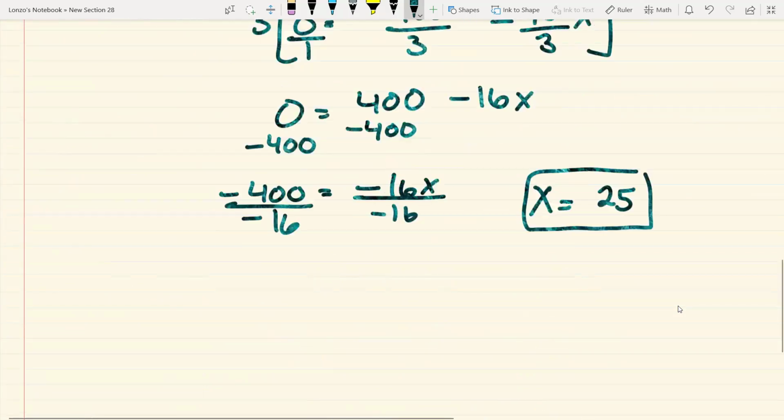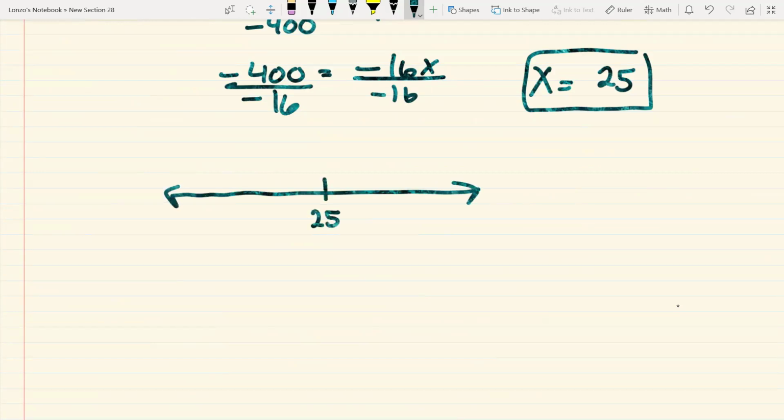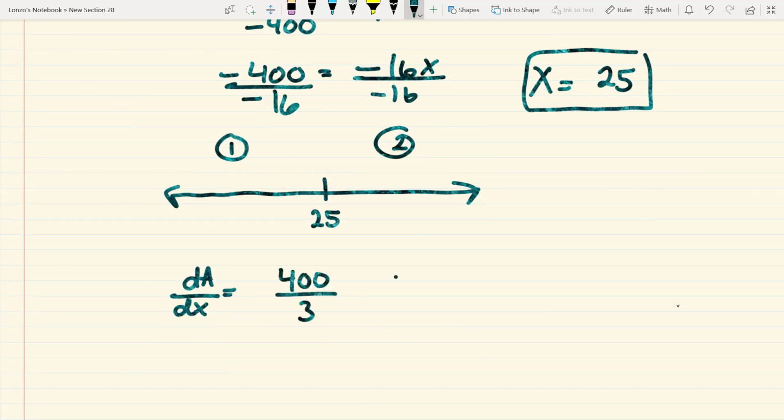So how do we verify this? By doing the test point method. Go ahead and put 25 on a number line. We're going to test region 1 and region 2, correct? We're going to put values into dA over dx, our first derivative, which is 400 over 3 minus 16 over 3 x. Let's test region 1. I need a number less than 25.